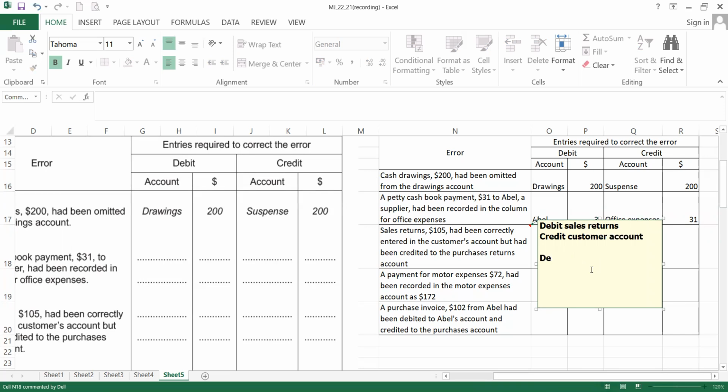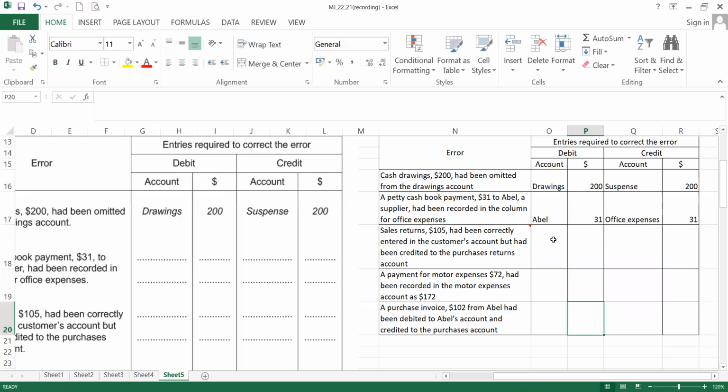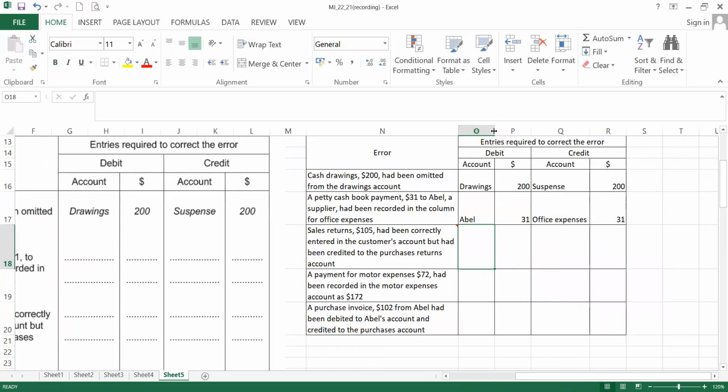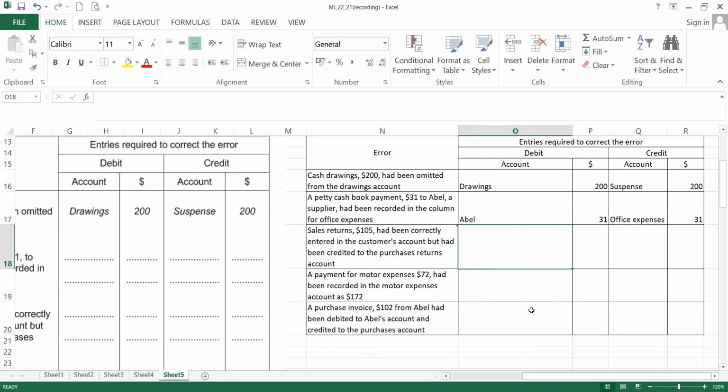We go and credit purchases return and credit customer account. So credit customer, no problem. Only the omission for the sales return and the wrongly recorded purchases return. So we have to record two times the sales return and purchases return.